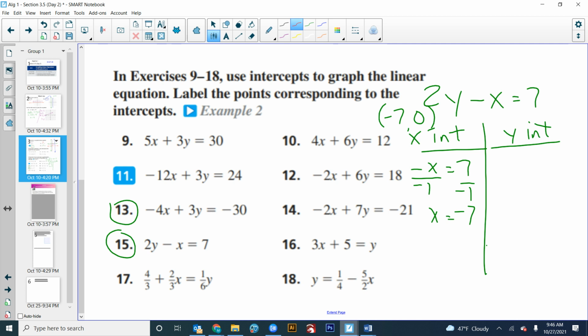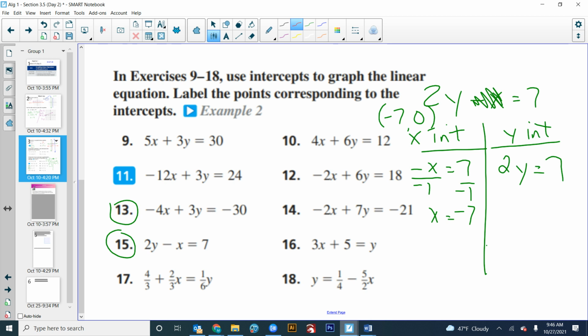-7, 0. Okay? Y-intercept, put a 0 in for X. This whole thing goes away. I'm left with this. Divide by 2. What's half of 7, Mary? Is it always going to be like you put 0 in for X and Y?